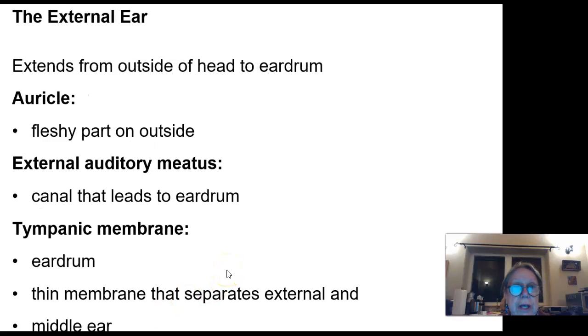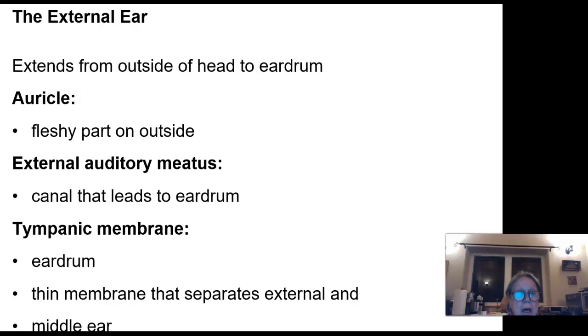So your external ear extends from the outside of the head to the eardrum. The auricle is right outside, the fleshy part on the outside of your ear.